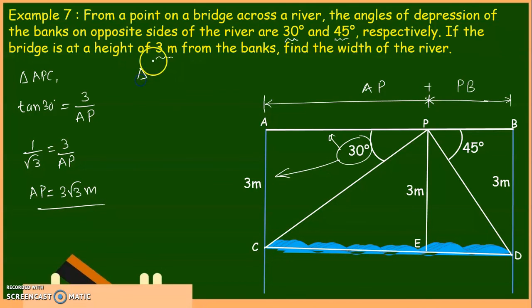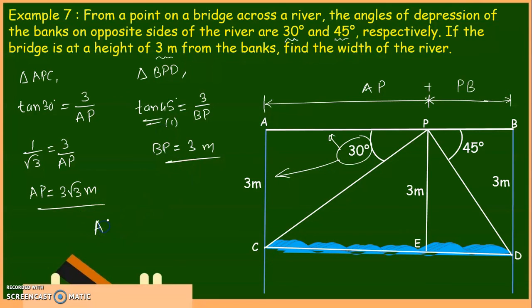And the same way from triangle BPD, if you use the formula tan 45 degree equal to opposite side 3 and adjacent side BP, we get BP equal to 3 meter because tan 45 is equal to 1.